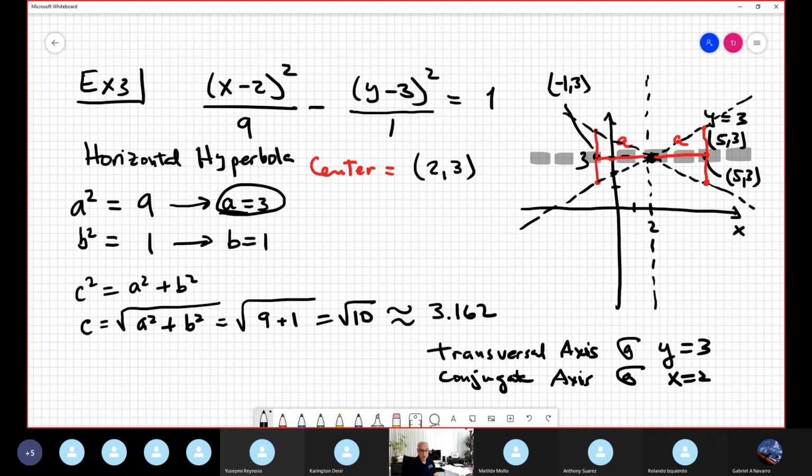Our hyperbola, let me use the blue color, looks like that. Look, starting at the vertex it goes asymptotically here and here.